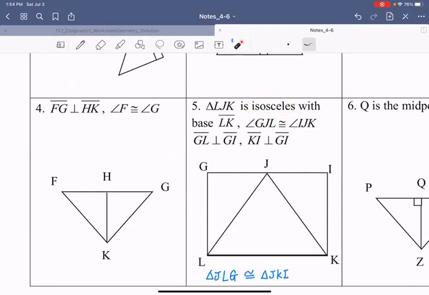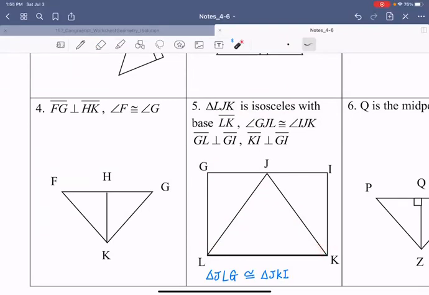What does this mean? The base angles equal. This guy is isosceles. They said this guy is the isosceles triangle. That means this piece equals this piece. This angle equals this angle, right? And they also say that is 90 degree, right? Okay.